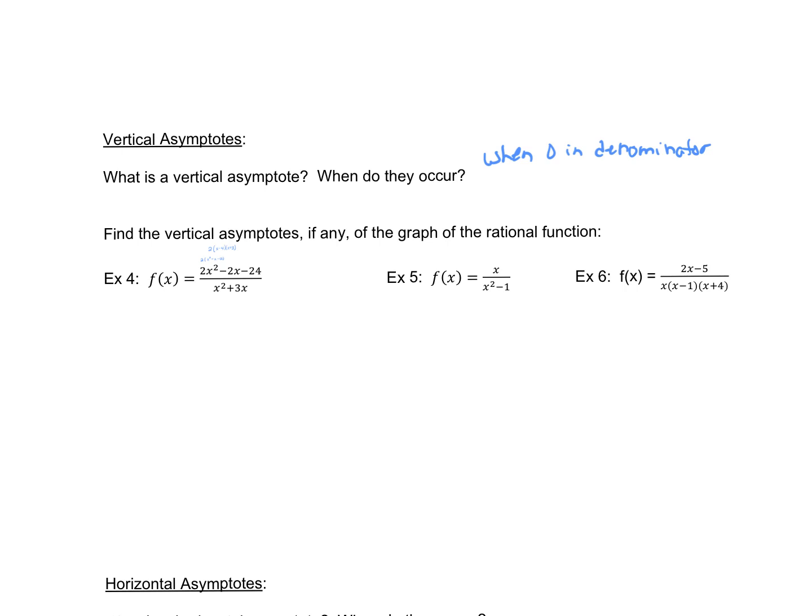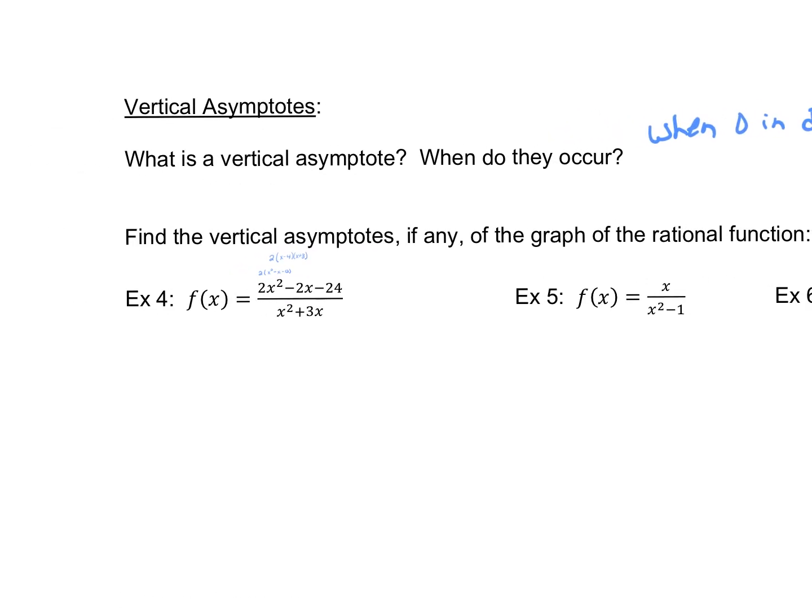All right, so vertical asymptote, we know is when 0 is in the denominator, right? So the directions say find the vertical asymptotes if any of the graph. I'm going to add into that because along with that there may be holes. So we're going to add that to our list of what we're going to do here also. So add a little note: and holes.